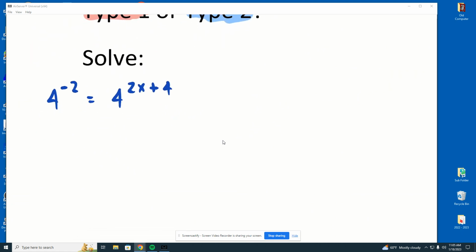What do I get to do to solve this now? Cancel those 4s and take what's remaining and set them equal to each other. I would subtract 4, negative 2 minus 4, negative 6, and then divide by 2, so x would equal negative 3, right? Does everybody see that?